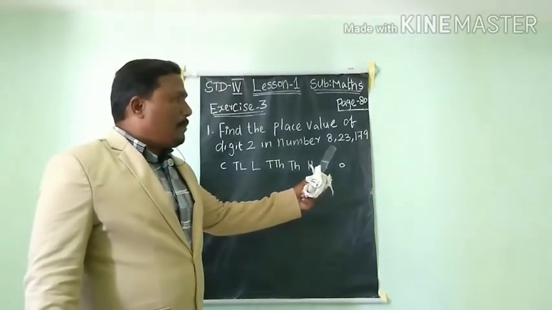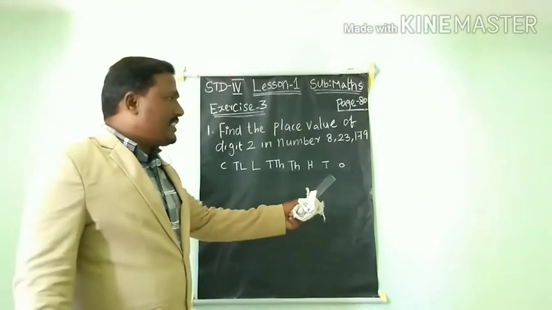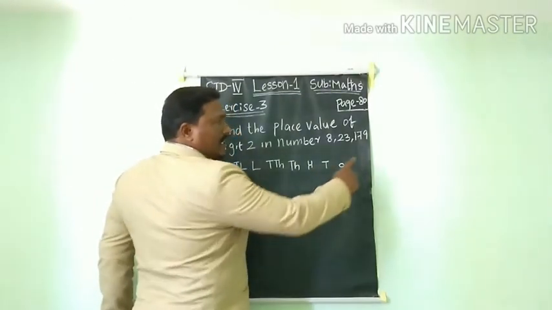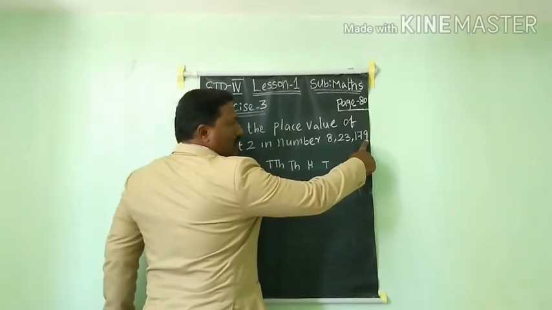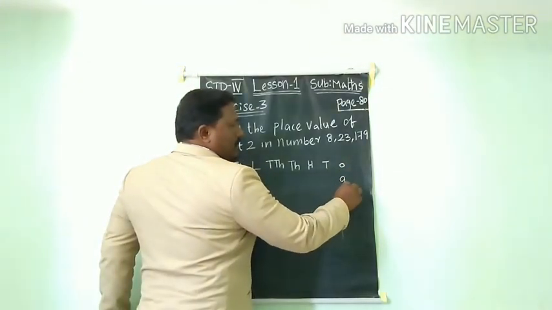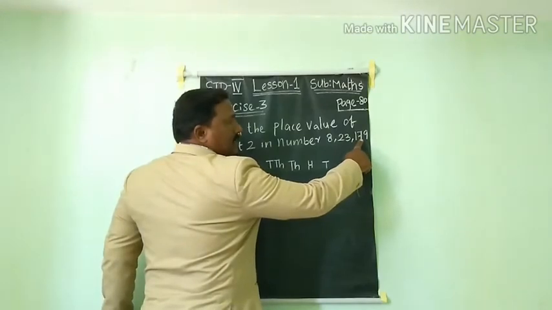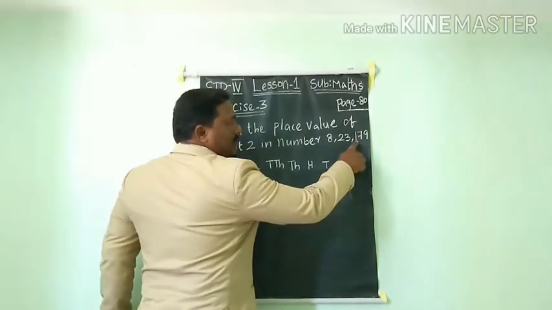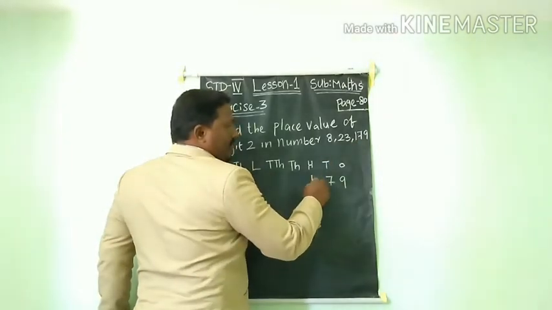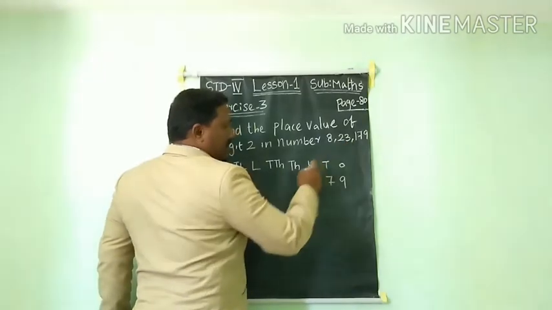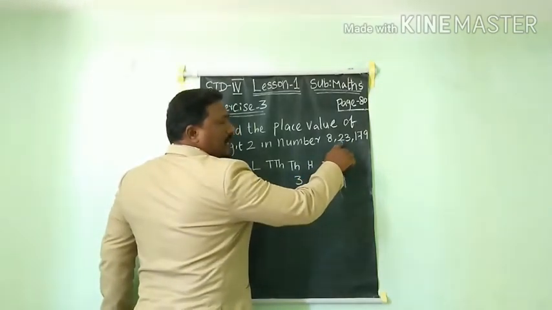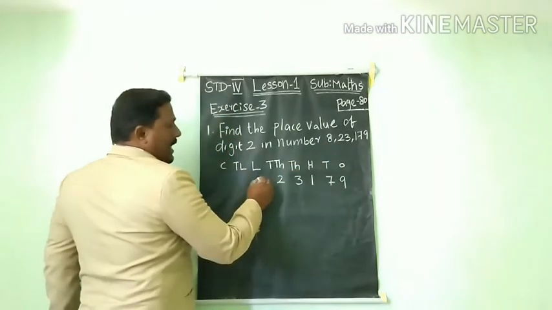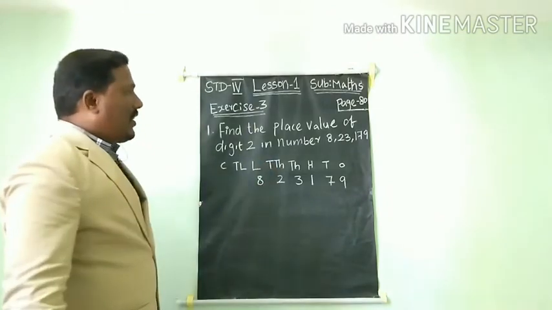What comes first? It's the 1's place. Then 7 is in the 10's place, then the 100's place, the 1000's place, then the 10,000's place, then the lakh place. Okay, we placed the number.